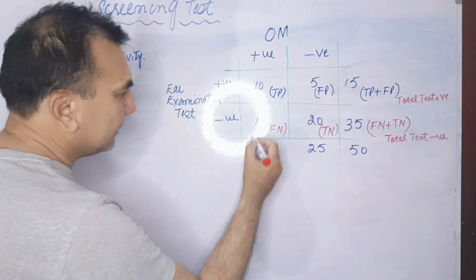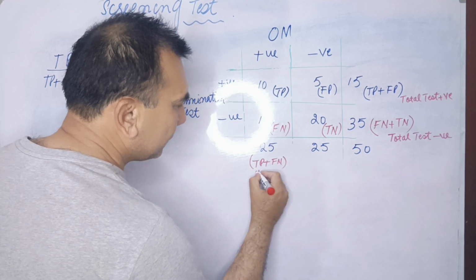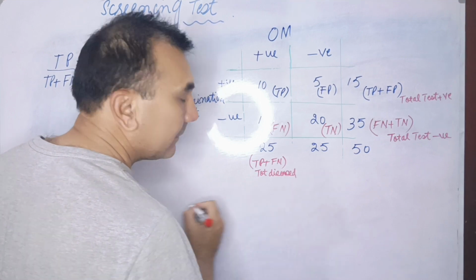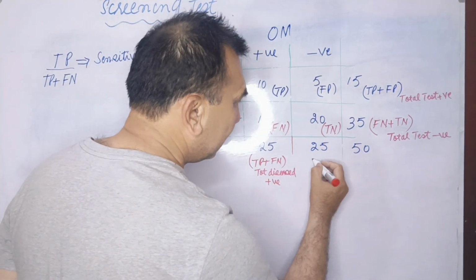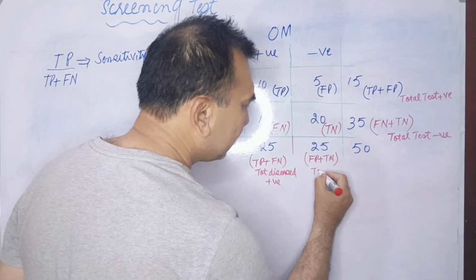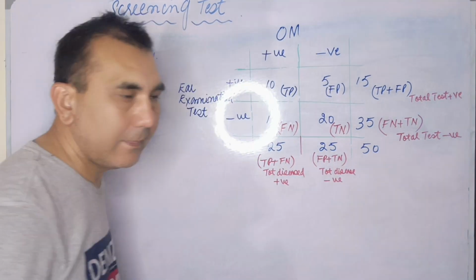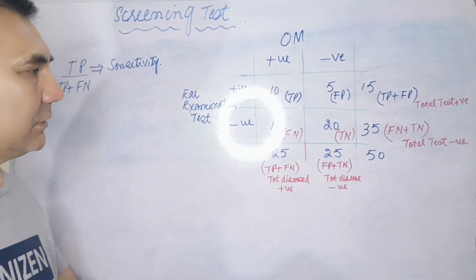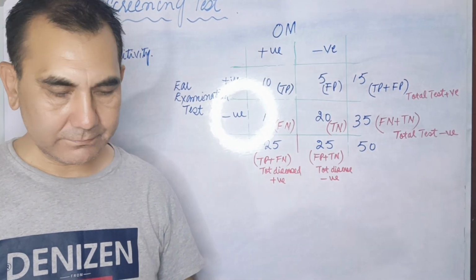This true positive plus false negative is the total disease pupil, total disease positive. And this one, false positive plus true negative, is called the total disease negative pupil. And this 50 is the total population or total group of people on which the screening test has been applied.